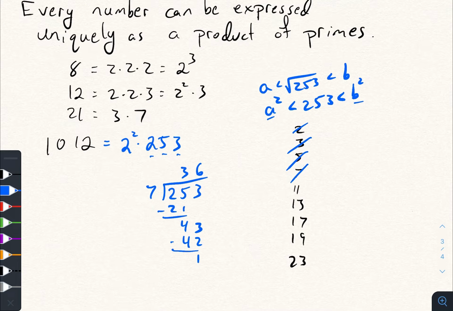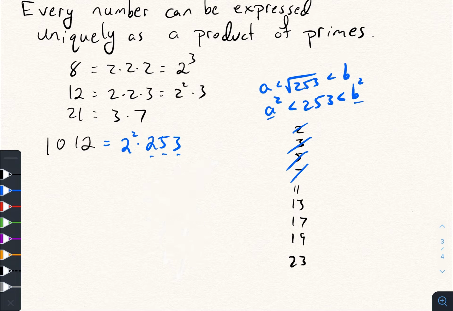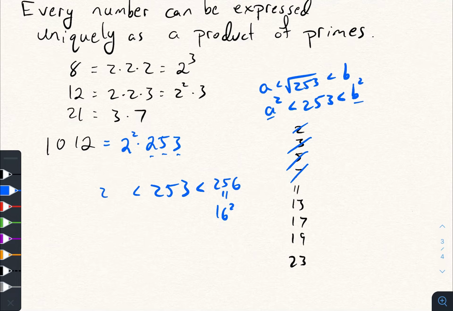And so you might notice that 253 is a little bit less than 256, which is 16 squared. So 253 is a little less than 16 squared. And so it's going to be bigger than 15 squared, which is 225, right?